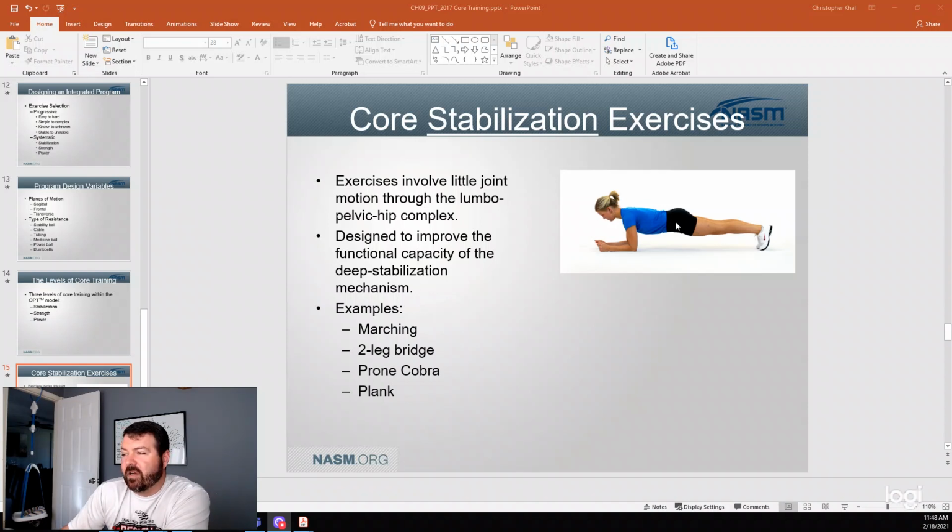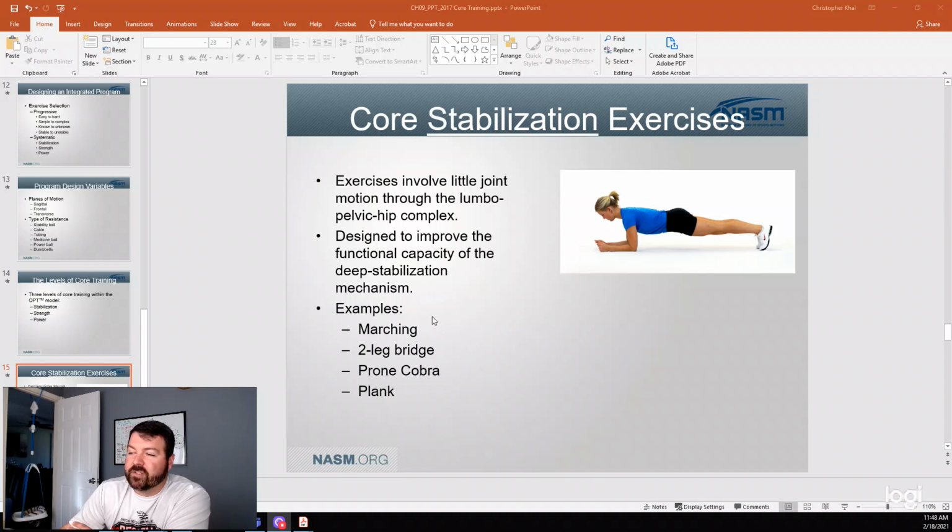Common mistakes are people will stick their butt up too high, they'll fall too low, they'll get a rounding of the back, or their shoulders will kind of retract too far. So you want to maintain a good, strong plank, which can get really hard. You want to contract your abs, if you will, your rectus abdominis, and really hold the contraction of your glutes. So contract your glutes really, really hard.